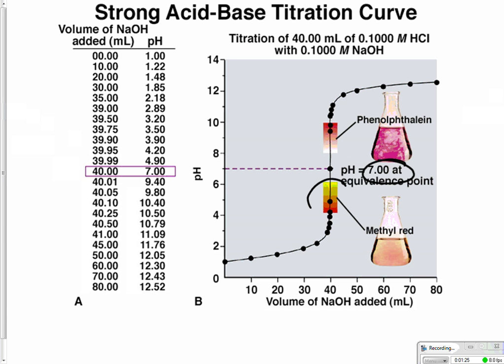If you notice here, methyl red, which changes color from about a pH of 4 something to 6 something, would not be a great choice for an indicator because the color change would occur before equivalence. So ultimately, we always use phenolphthalein in a strong acid, strong base titration because phenolphthalein changes color slightly after equivalence, after 7. So that's key when we're talking about picking an indicator.